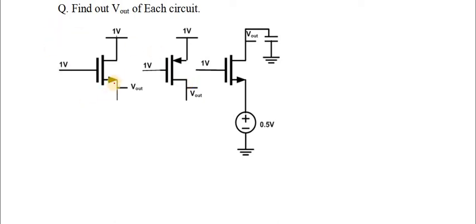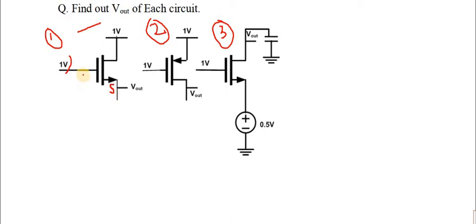So here, if you see the first circuit, the second and the third circuit. In the first circuit, this is the NMOS. The gate of the NMOS is given 1 volt and the output is taken from the source terminal of the MOS.